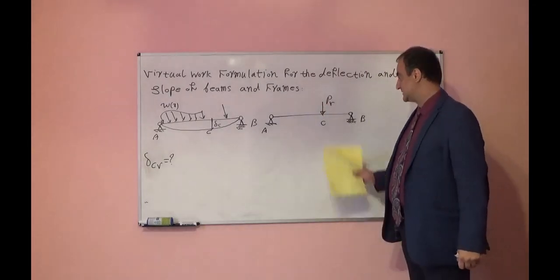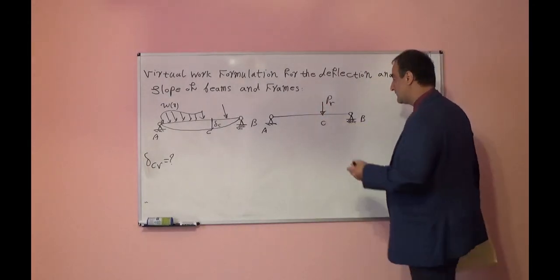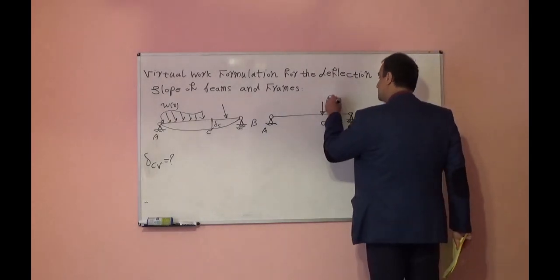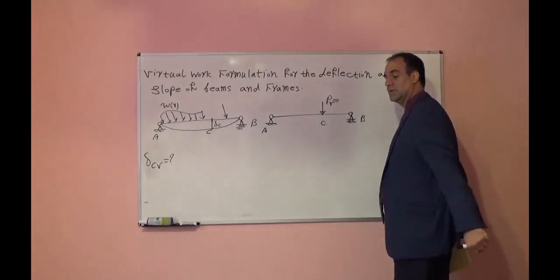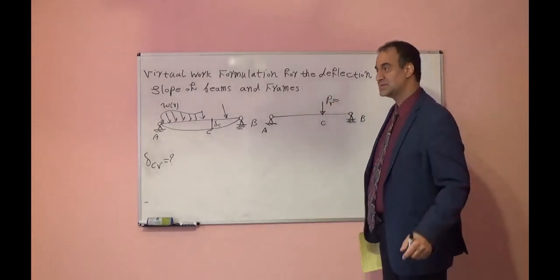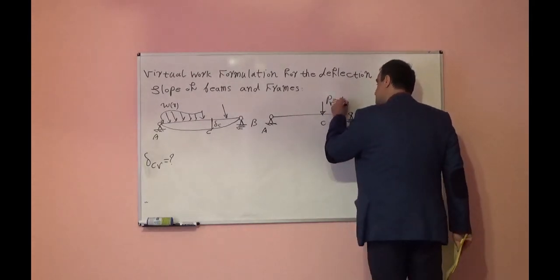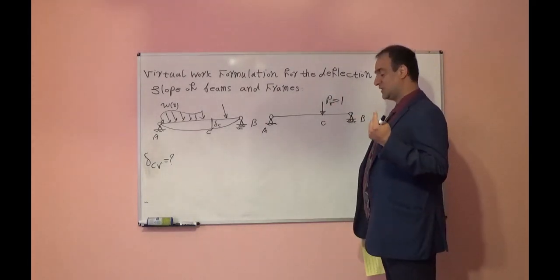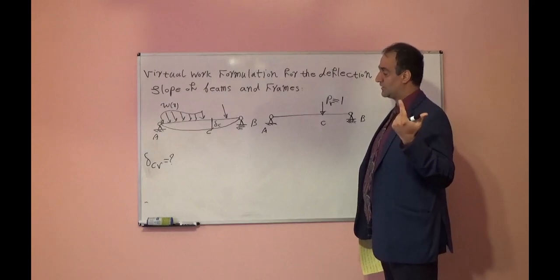If I want to find the slope at point C, I will apply a virtual moment. Usually, we can put any magnitude on this virtual load or moment. The easiest way is to assume the magnitude is equal to the unit, equal to 1.